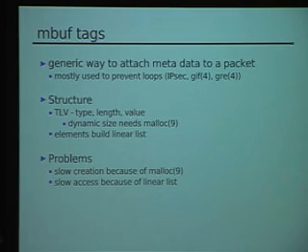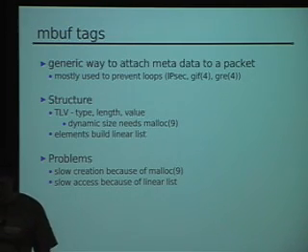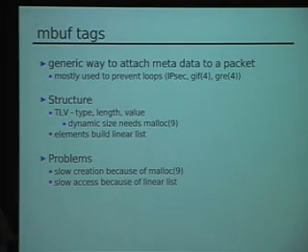We have to ensure that we don't create a loop and end up in a do loop inside the kernel. Then you have to reboot it, like I had to do. The structure of an mbuf tag is a simple type-length-value data structure, you can actually store almost anything in that. And most of them are very simple.